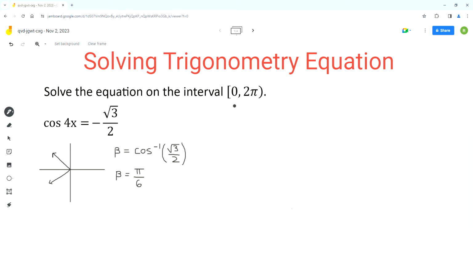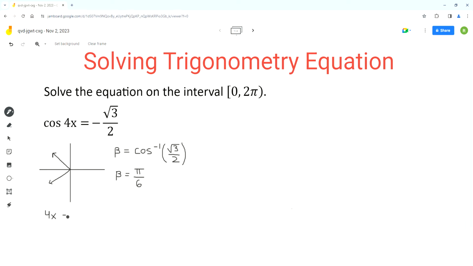Since the given domain is from 0 to 2 pi, we have to consider both of these quadrants for our solution, because these two quadrants lie in the interval 0 to 2 pi. So our reference angle or the related acute angle is pi over 6. Now we can write our answer. Here we are solving for 4x right now, because when we do the inverse of cos, we are left with 4x.